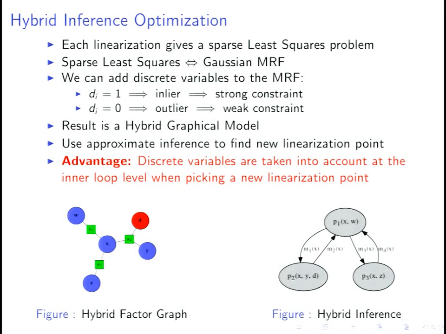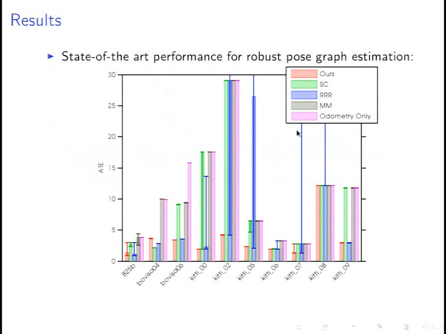And you're doing this somewhat jointly. And so the results of this on the robust pose graph estimation data sets are state-of-the-art and fairly competitive. And the technique is fairly general, although it's a local optimization technique, but it seems to work pretty well. And hopefully there are other applications for this.